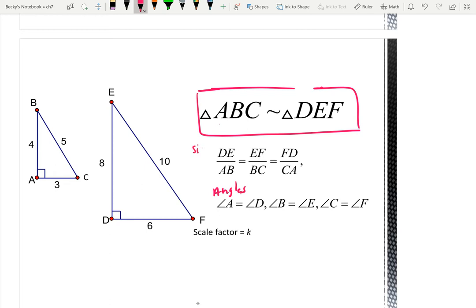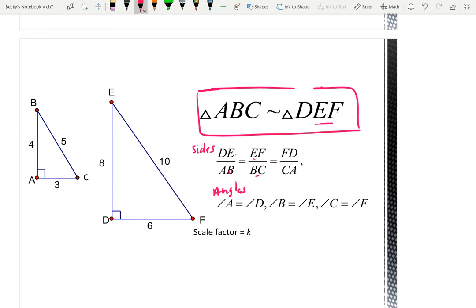And here we have what is called an extended proportion because there's more than two things listed. So we know, and you can use this up here, DE is proportional to AB. It's hard to change my word. EF here is proportional to BC.